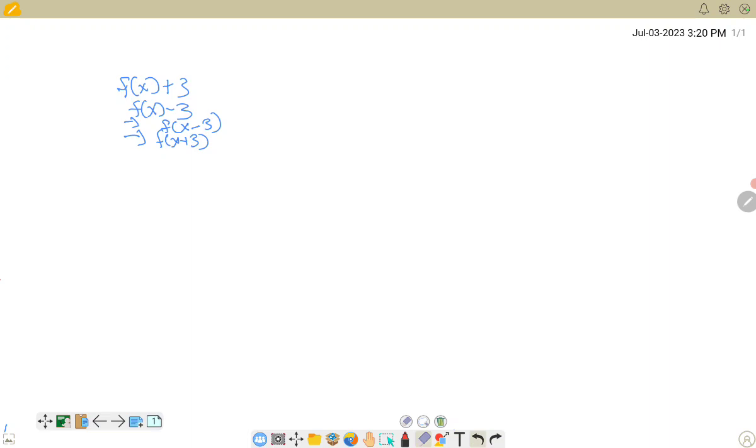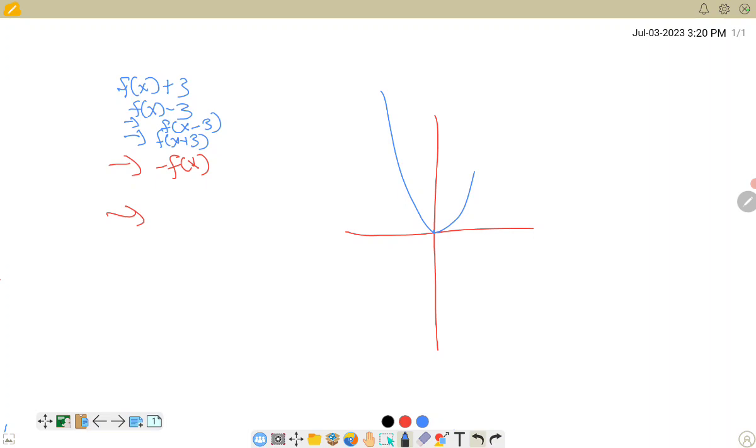Okay, so for the reflection about the x-axis, we found that it was negative f of x. To reflect about the y-axis, well, it's kind of hard to see with this particular function that we've been using, the x squared function, because it's already symmetric about the y-axis. So if I reflect it, it's just folded over on itself and it looks the same. So maybe we should use a different function.